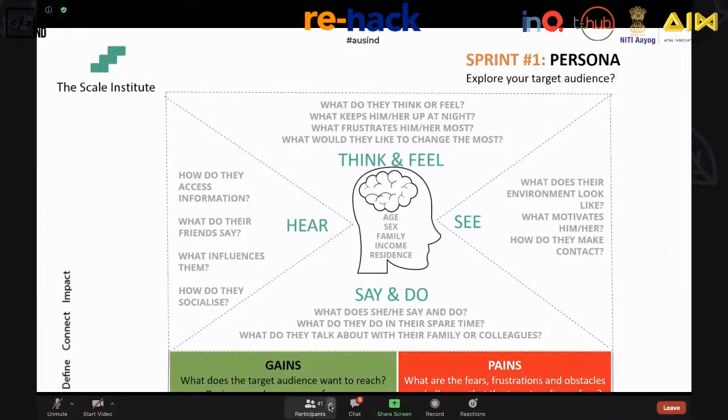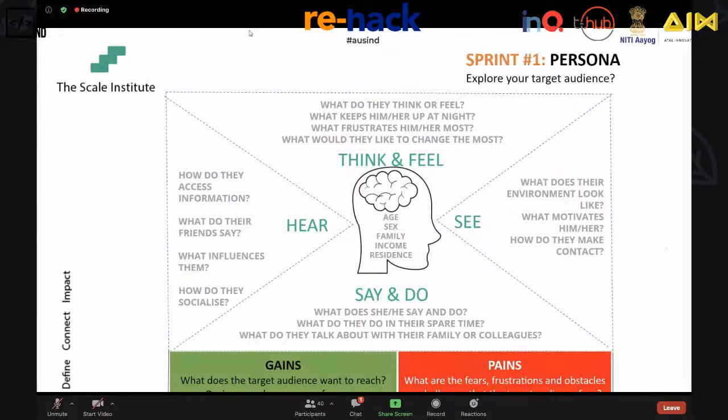We form customer personas from research. So on the call right now, if you haven't downloaded the templates, take a photo or a screenshot or whatever you can do of the persona right now, because you're going to need that in your breakout room.